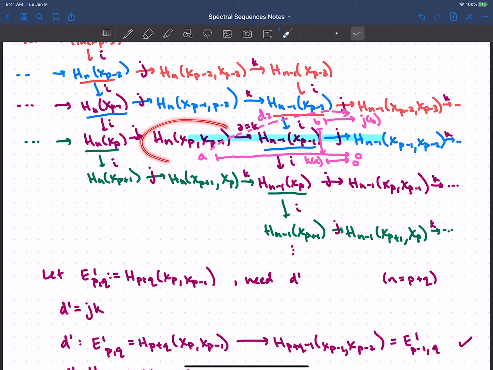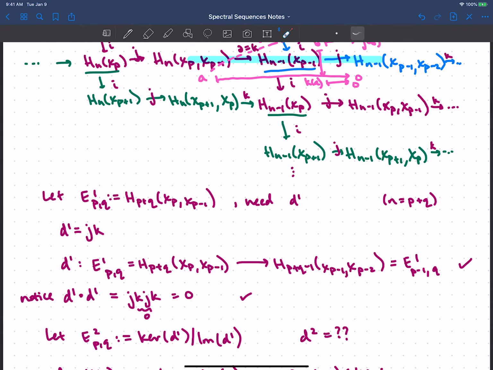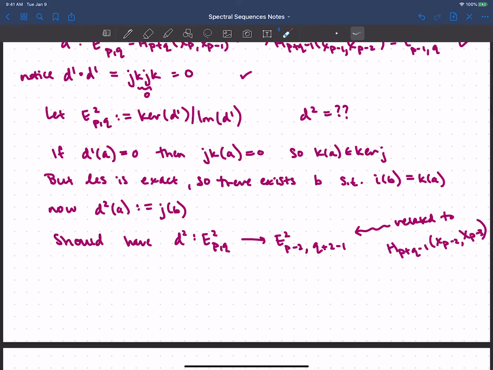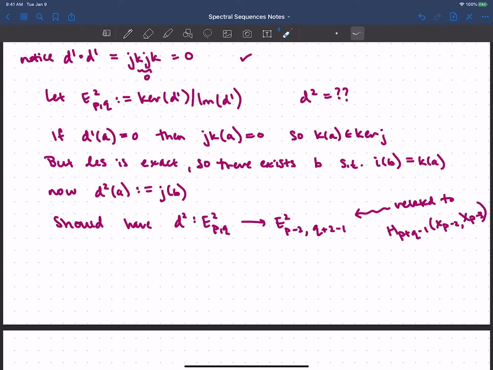Okay, so we started with something in Hn of xp comma xp minus 1, that's our E1 PQ, and we land somewhere over here, and I guess really at first that looks like something on the E1 page, but we want to land on the E2 page. Okay, so again, that's related to HP plus Q minus 1, XP minus 2, comma XP minus 3. Okay, and notice that the degrees there seem to check out. Okay, so this lands in the correct position.